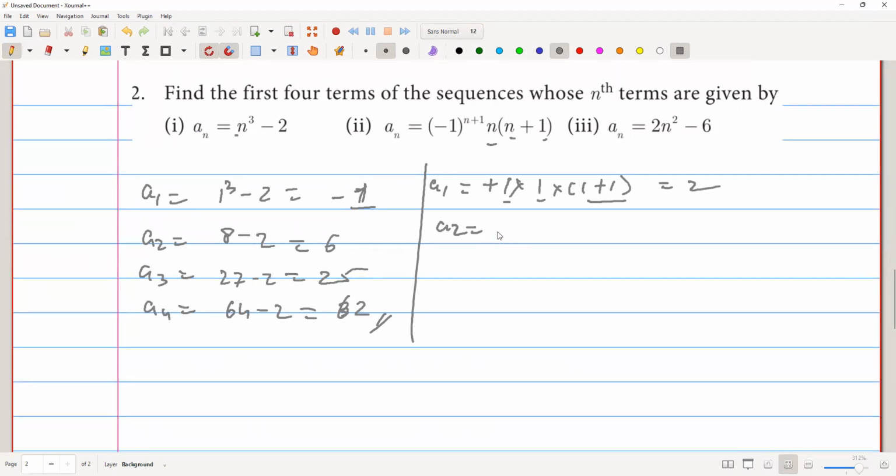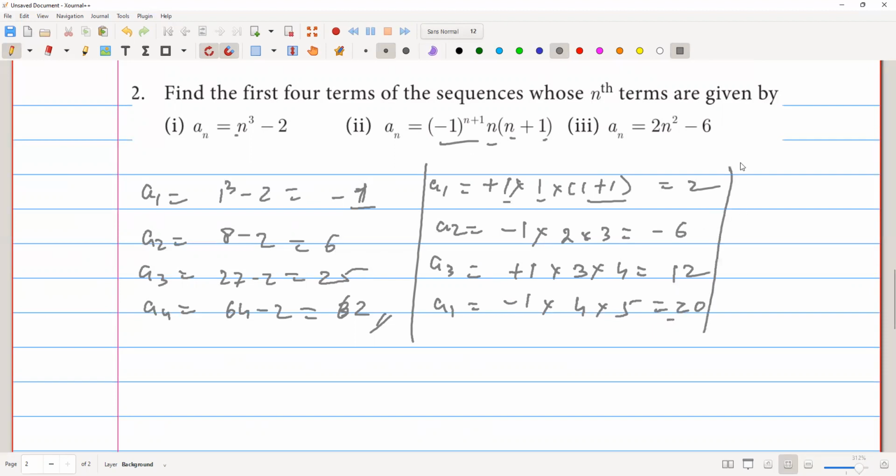A2 would be minus 1 into 2 into 3, so minus 6. A3 would be plus 1 into 3 into 4, plus 12. A4 equals minus 1 into 4 into 5, minus 20.